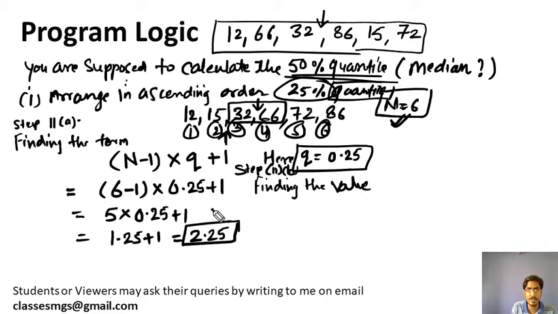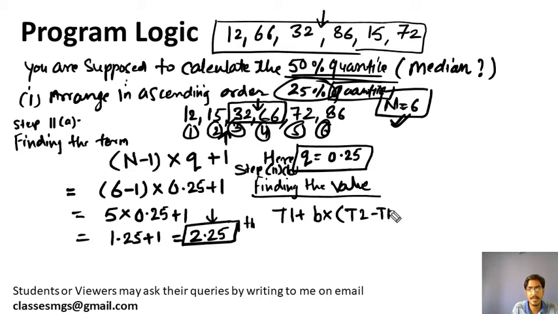Now the 2.25th position is where the 25th quantile exists. Now you want to find the value of the 25th quantile, so you will find it using this formula: T1 plus b into (T2 minus T1).